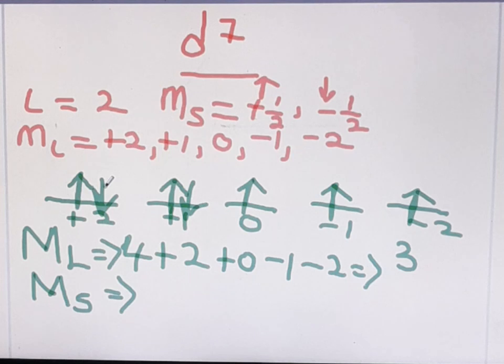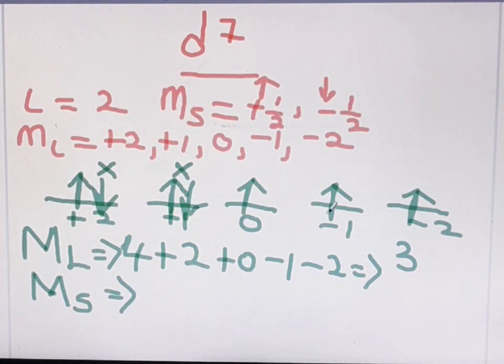The next electron is spinning downwards, which is negative half. So plus half and negative half cancel each other, so we ignore this. The second orbital contains 2 electrons. This is spinning upwards, plus half. This is spinning downwards, negative half. They cancel each other because the sum of plus half and negative half is 0. So we ignore these 2.